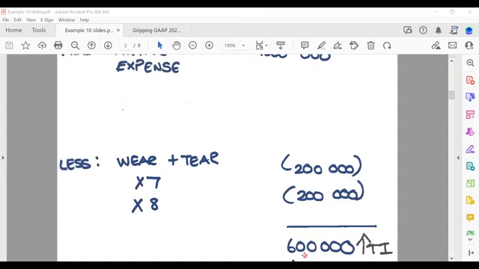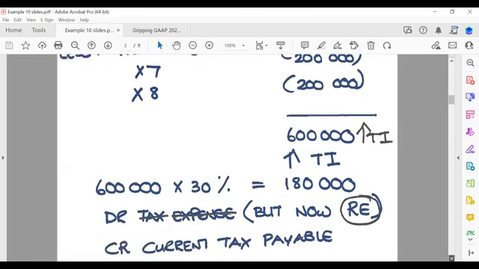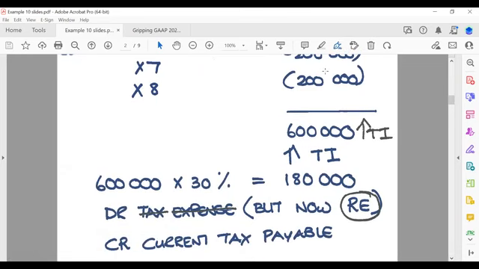What is our journal entry then for this extra tax that we have to process? We would normally, after preparing a tax comp, debit our tax expense and we would credit our current tax payable for normal tax. That would be our normal journal entry. But you'll see I've striked off tax expense.